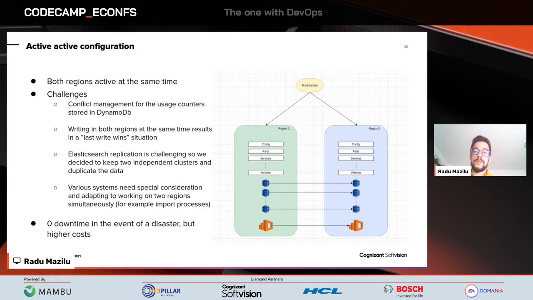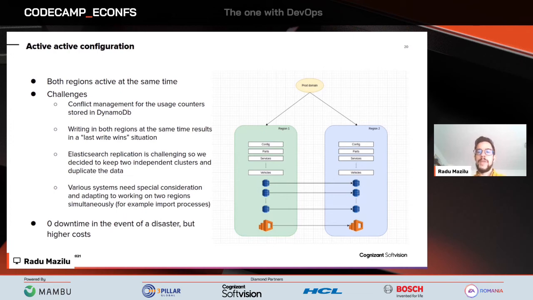So what we thought we should do next is actually have the application run in 2 regions at the same time. Doing so will increase costs, clearly, because you have to run those containers and Elasticsearch cluster at the same time.